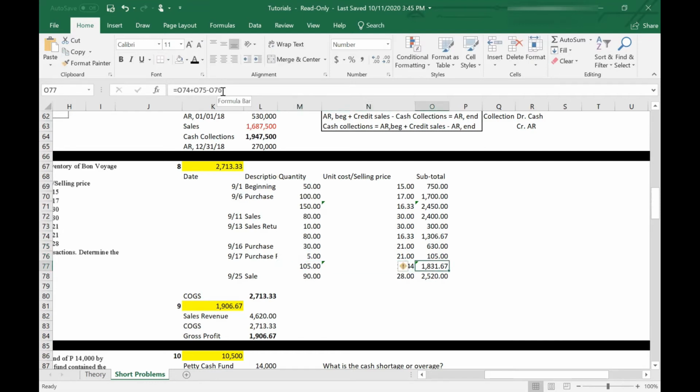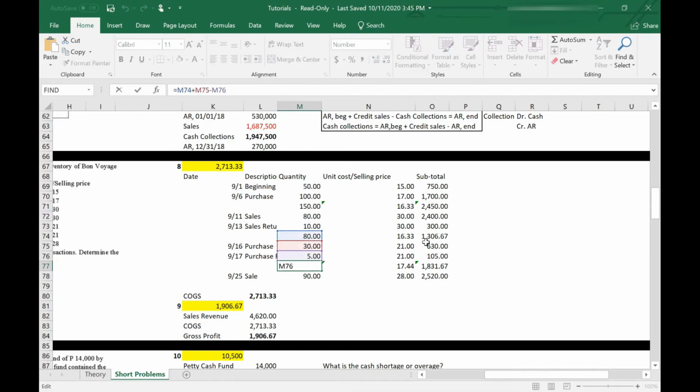So how did we compute for this? We computed it by adding your earlier balance, 1,306 pesos and 67 centavos, plus 630, minus 105. We get this amount. And how many units do you have now? Earlier you had 80, you bought 30 units, and then you returned 5 units, therefore you have 105 units.